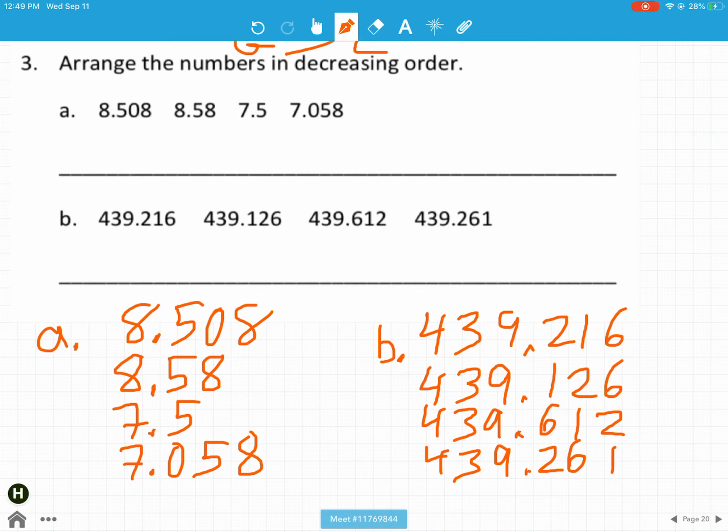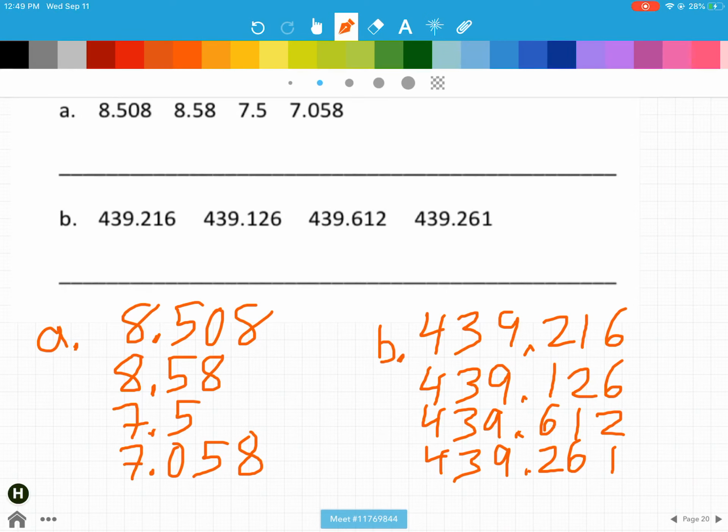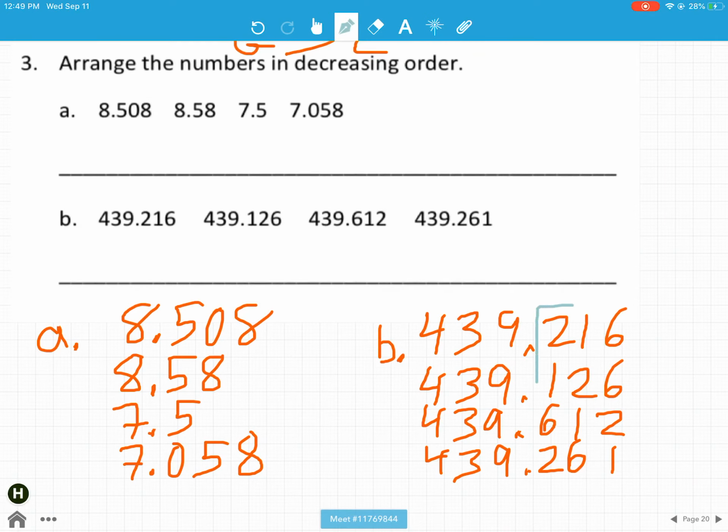You can already see that the first three are the same. All of these are the same. So we're going to start off looking at the tenths place. And we need to go greatest to least. Right there, I can see that the 6 is the greatest.